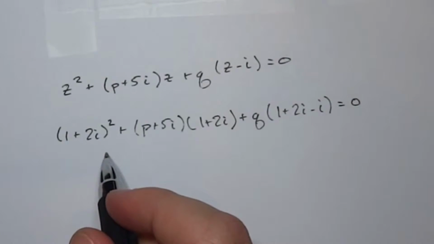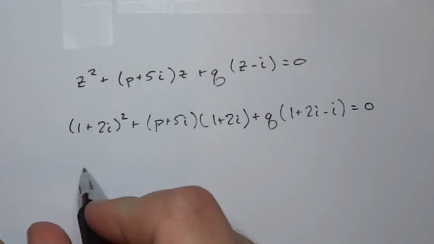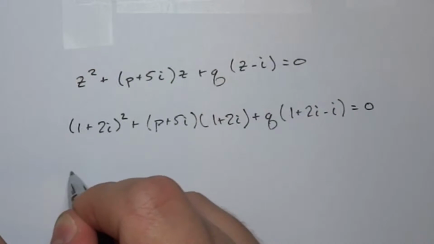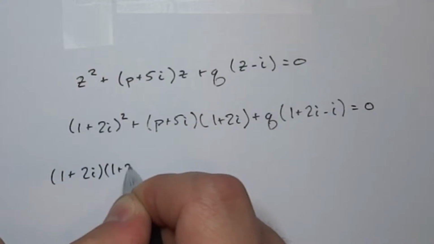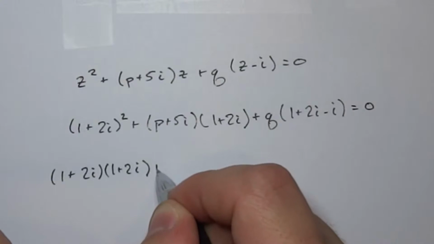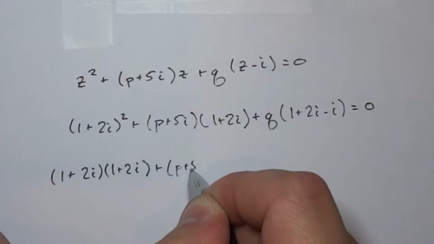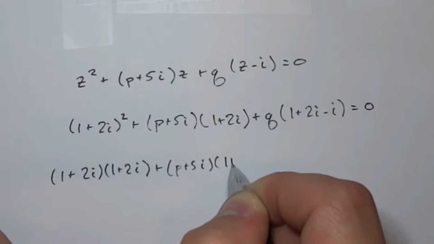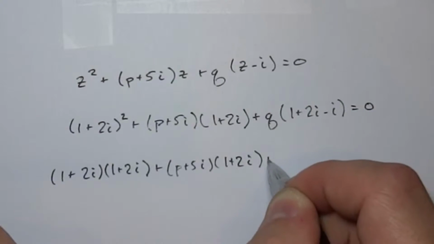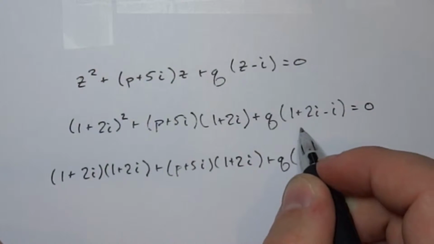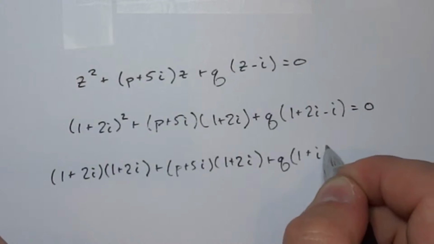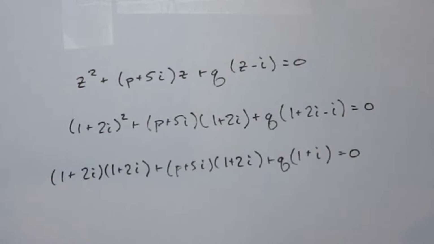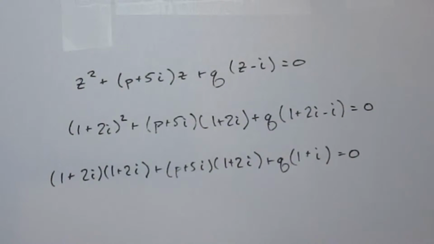Okay, now I'm going to expand a few things. So (1 plus 2i) squared becomes (1 plus 2i) times (1 plus 2i), plus (p plus 5i) times (1 plus 2i), plus q times (1 plus, now 2i minus i is just i) equals 0. Okay, so now I'm going to start foiling some things.